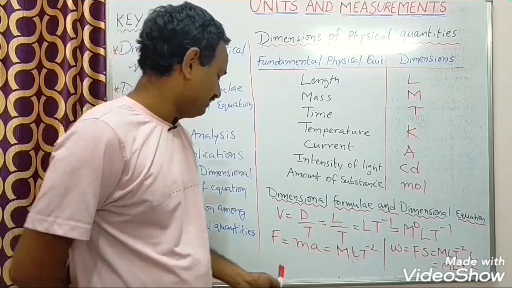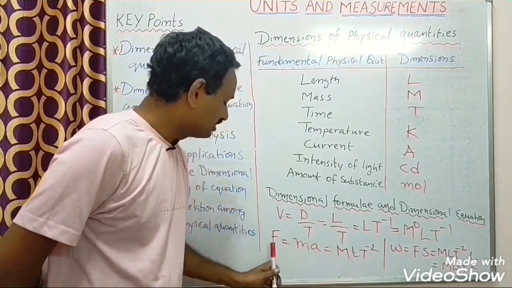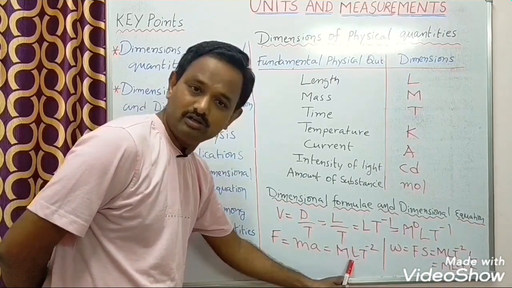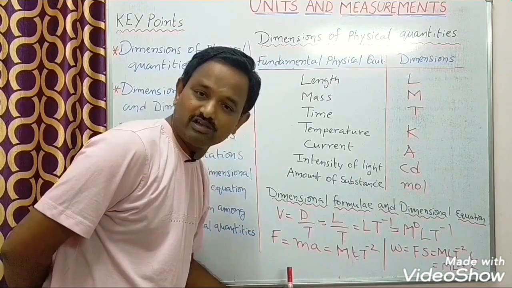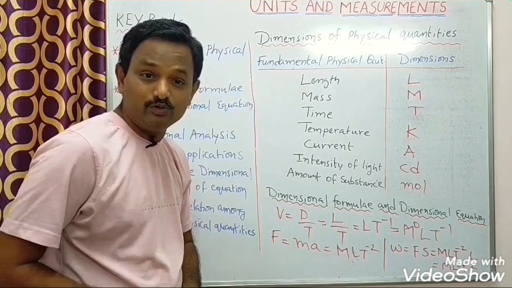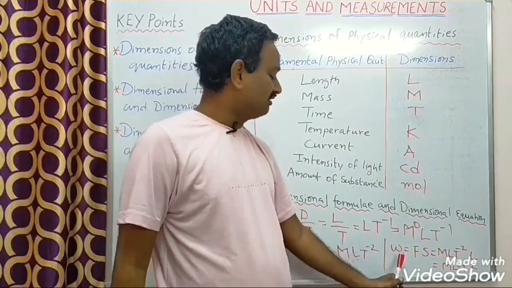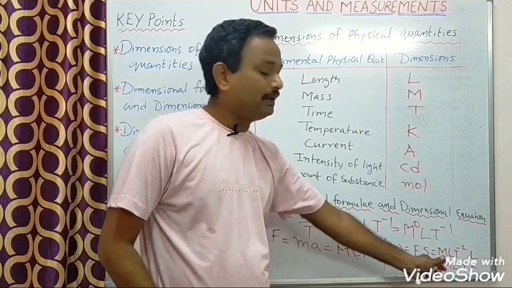And also here, see, for force you wrote MLT power minus 2. Force is a physical quantity and its dimensional formula we wrote with the help of equals. So this entire one gives a dimensional equation. Like that, for work done, work is a physical quantity. Its dimensional formula is ML square T power minus 2.